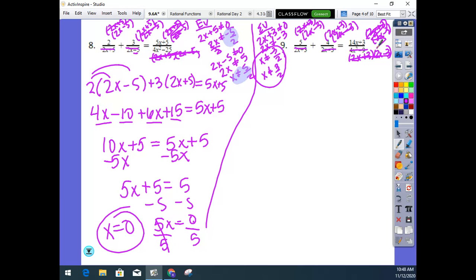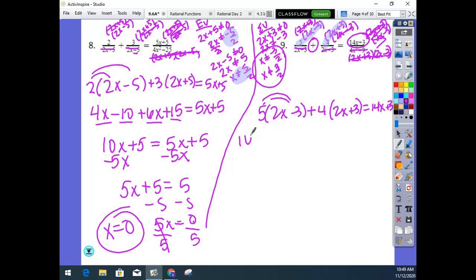And here everything cancels. Now I'm left with 5 times 2x minus 3 plus 4 times 2x plus 3 equals 14x plus 3, because this is all that's left here.